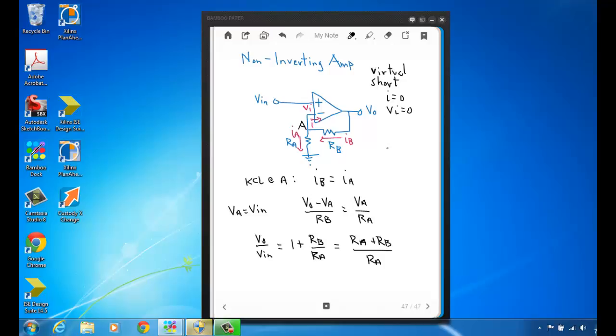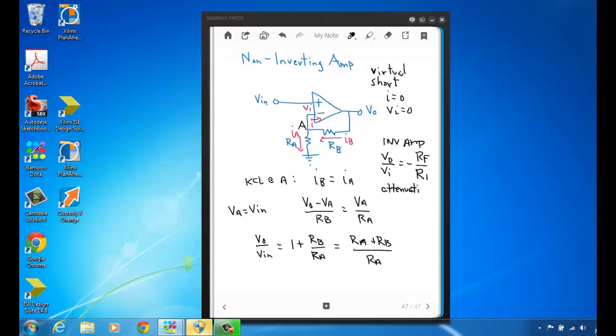But another fundamental difference is that with the inverting amplifier, if you recall, its closed loop gain was minus RF over the input resistance, which was R1. Well, you see, with an inverting amplifier, you can do what's called attenuation as well as amplification.